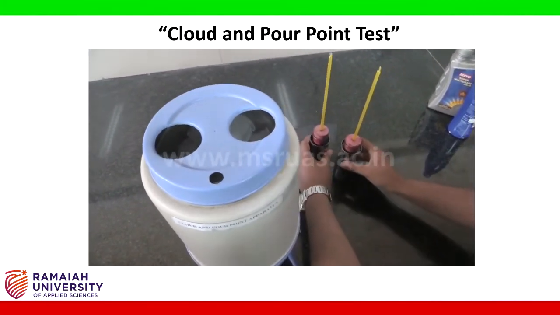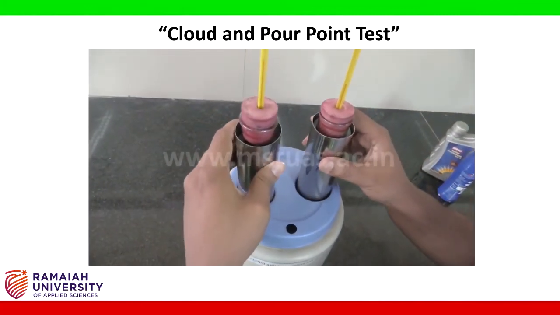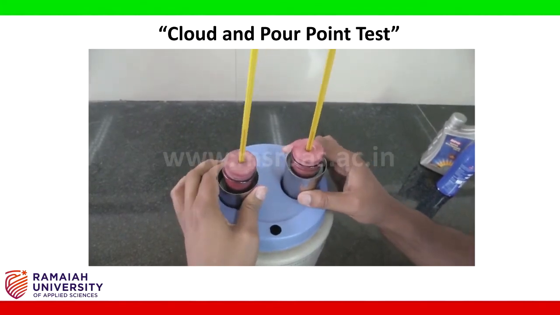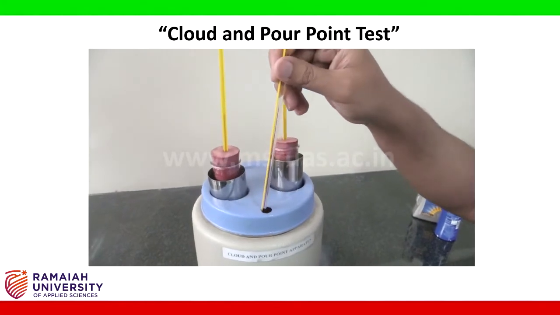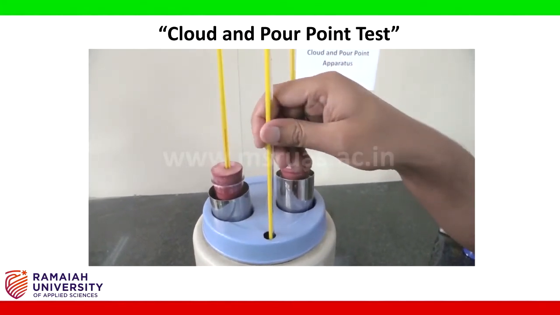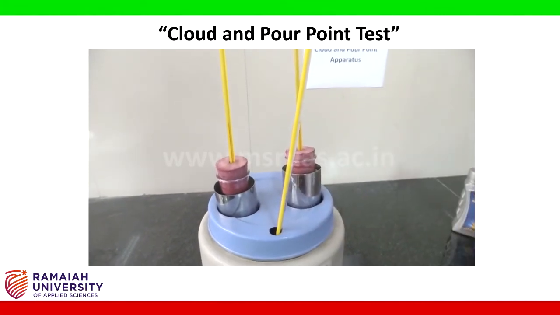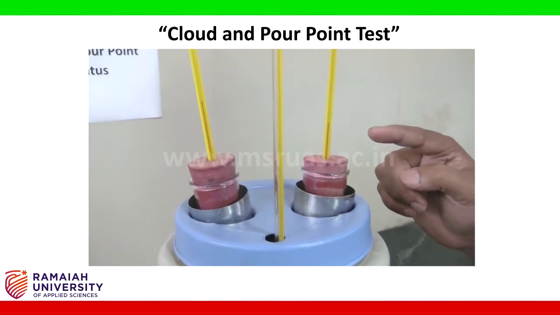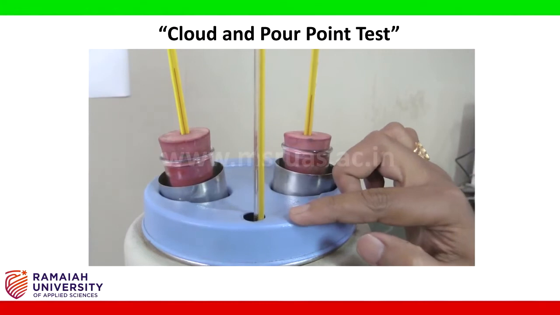Now take the two test tube holders and position them. Now take one more thermometer and position it so that we will be able to monitor the ice bath temperature as well. So we have three thermometers here: sample 1, sample 2 and ice bath temperature.